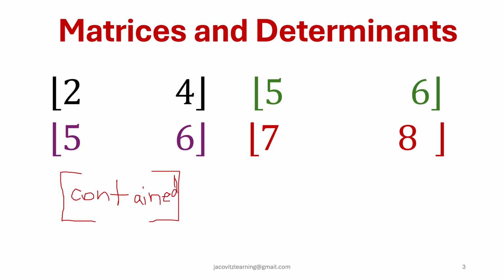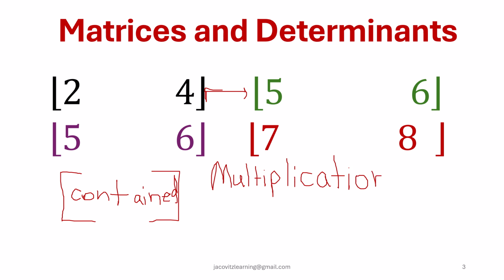Here's what's going on when you have these brackets together like this. This is a multiplication and an addition matrix, and you have to take care of what's contained first.